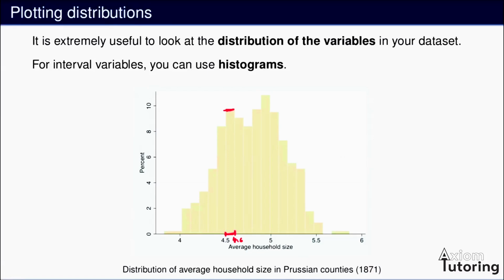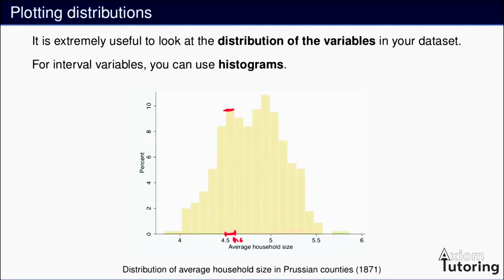So, for example, if there are too few bins, then certain interesting patterns may not be visible. But on the other hand, if there are too many bins, then suddenly there can be some noise that makes it more difficult to observe general patterns.